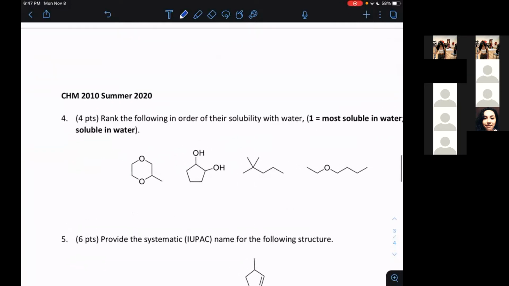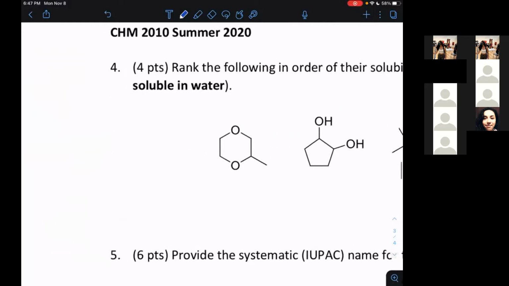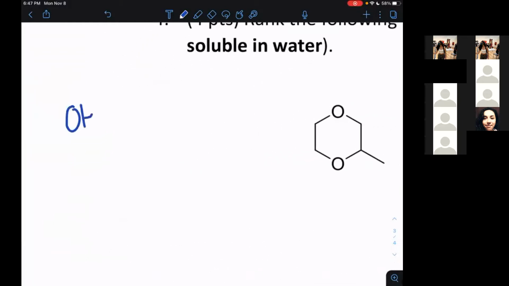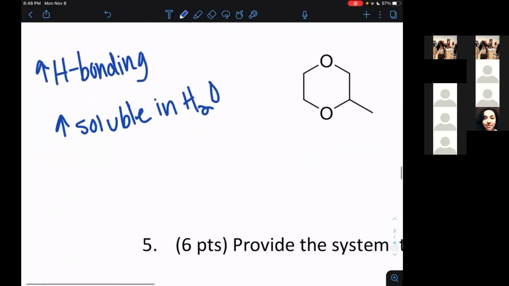Okay, so this one is rank them in order of solubility with water. So then this one we know OH, or well, let's see, hydrogen bonding means it's more soluble in water because it'll interact with the water. Right. Yeah, because H2O has a lot of hydrogen bonding, just a lot of possible ways for it to interact.